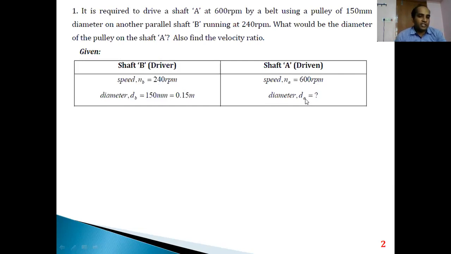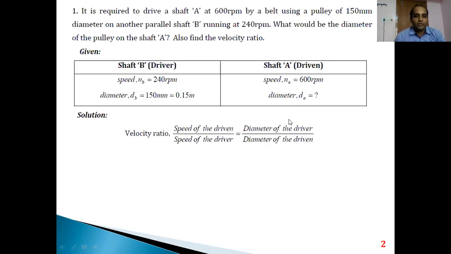So already we have discussed one small derivation regarding how to estimate the velocity ratio. If you use that particular equation, we will get this diameter as well as the velocity ratio. So next, the solution part. Using the velocity ratio, how do we write it?